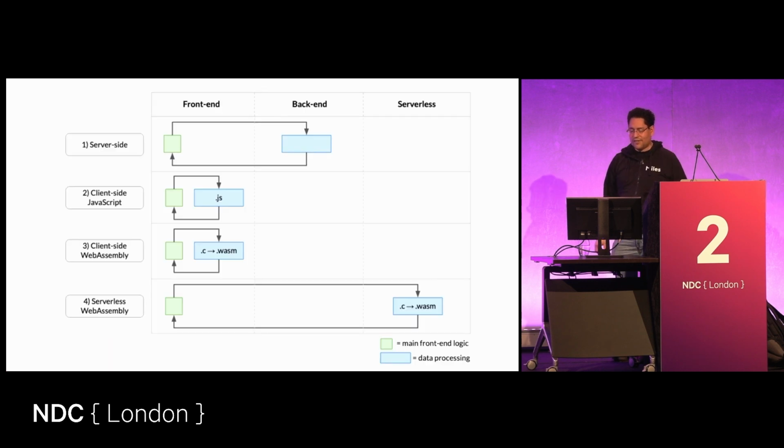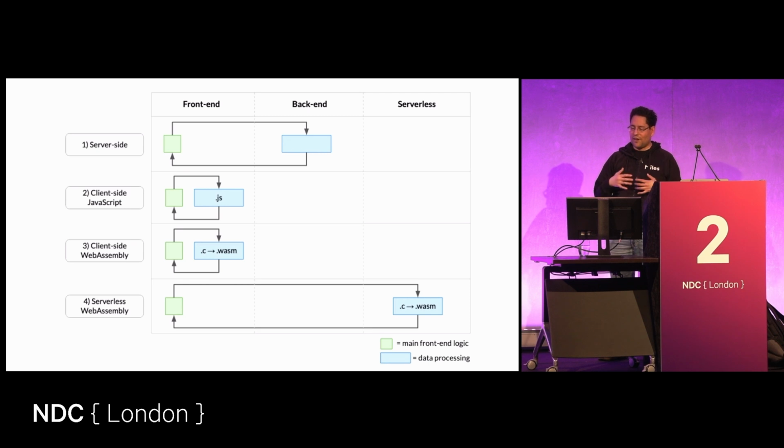So here you can see a couple of different scenarios. One is a classical scenario where you have a server side. Let's say that we have a calculation engine. Then we run our calculations on the server side, and the front end is just calling the backend to get the results. Or you can do everything client side. You do your calculations in JavaScript on the client.